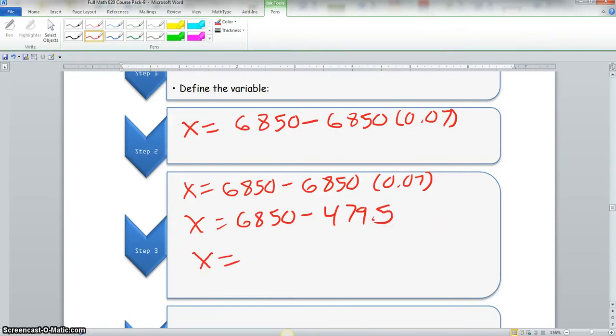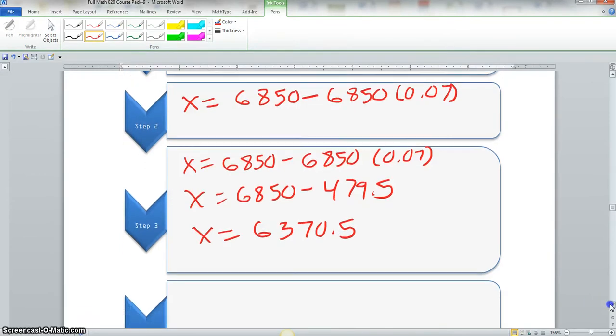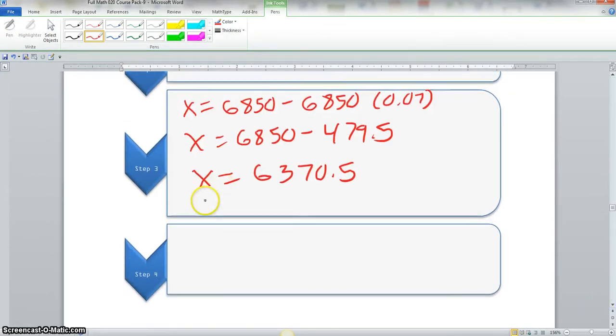Now when we subtract this, we have to subtract 6,850 minus 479.5. And that gives us 6,370.5. So now we know we cannot have half of a student. So this will be approximately 6,371.